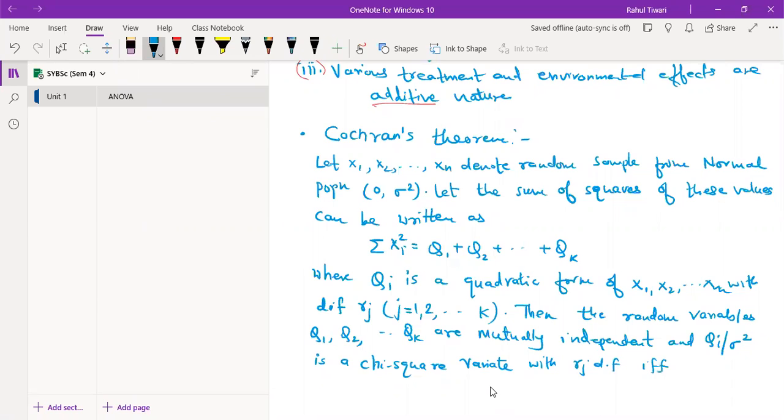If and only if means both conditions, the converse and the reverse, hold. If and only if the summation of rj is equal to n.